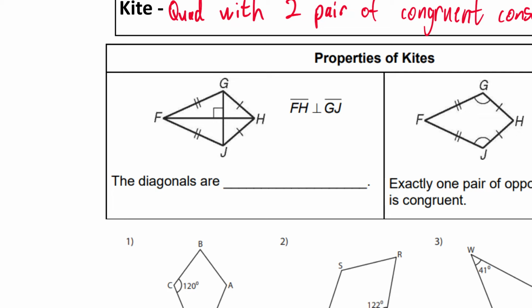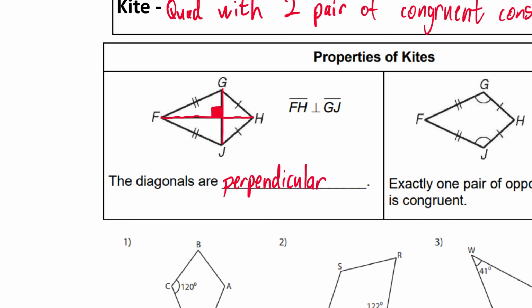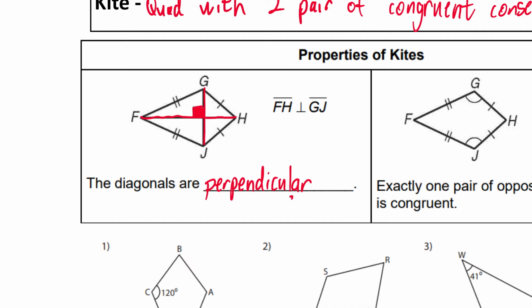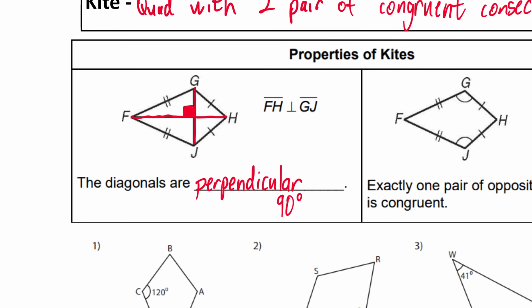It starts with a P. Parallel? Not parallel. Perpendicular. There you go. The diagonals are perpendicular. And perpendicular is just a fancy math word for being 90 degrees to each other.